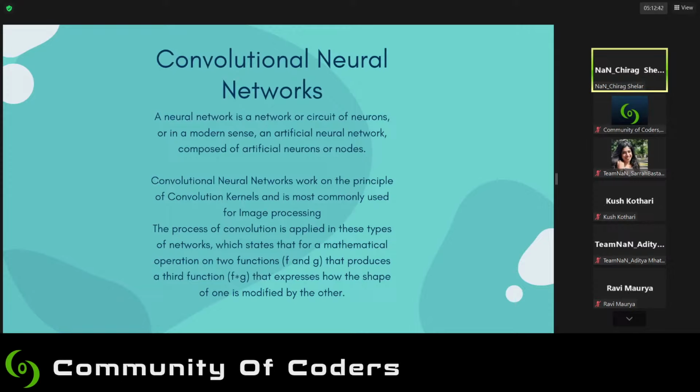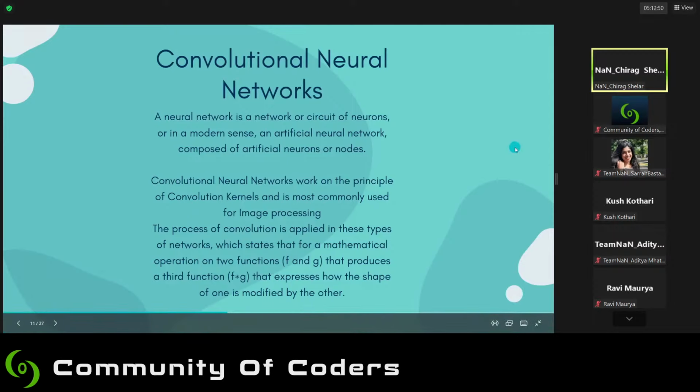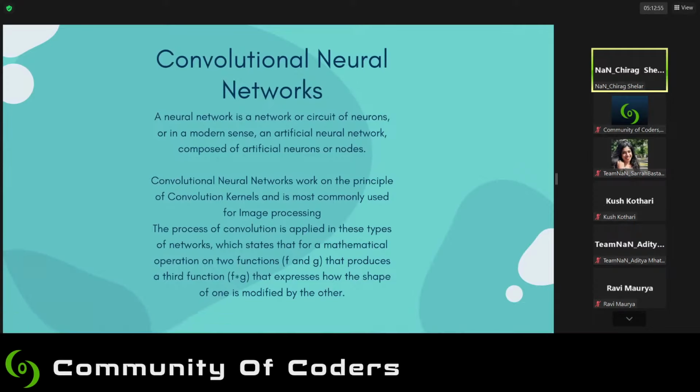A neural network is a network or circuit of neurons, or in a modern sense, an artificial neural network composed of artificial neurons or nodes. Convolution neural networks work on the principle of convolution kernels and are most commonly used for image processing. Convolution is a mathematical operation on two functions f and g that produces a third function, expressing how the shape of one is modified by the other.